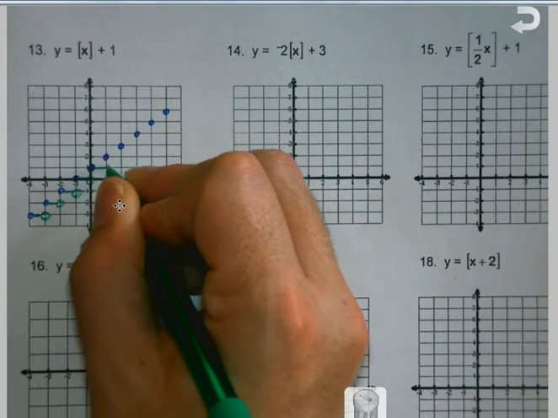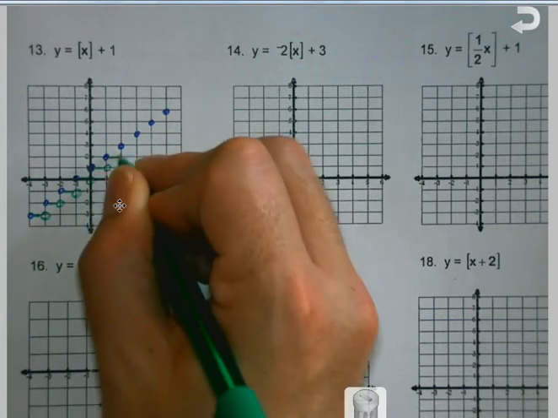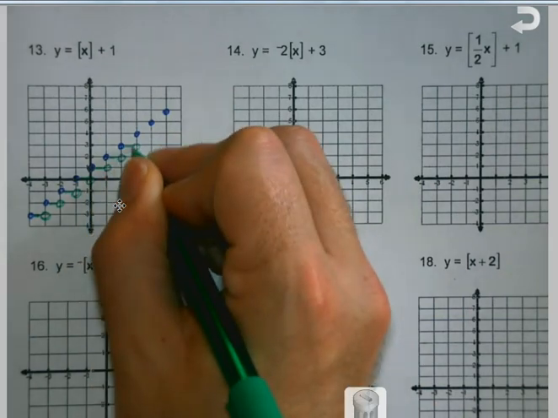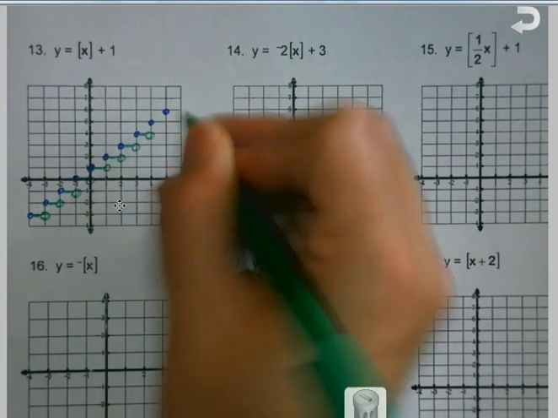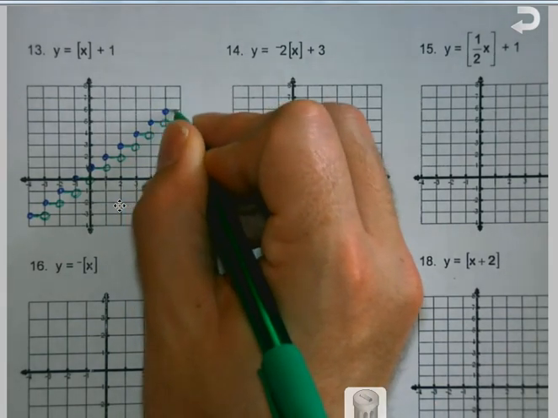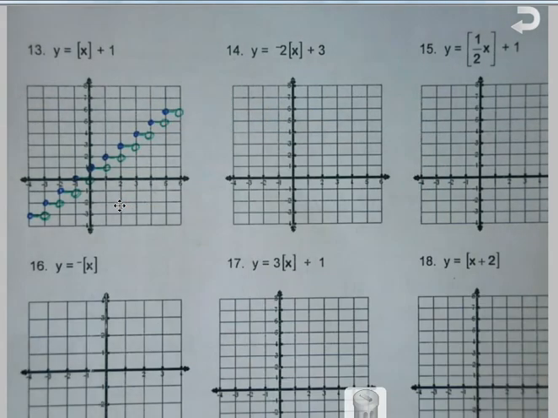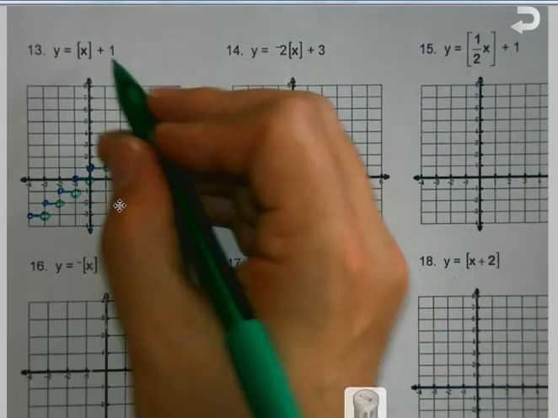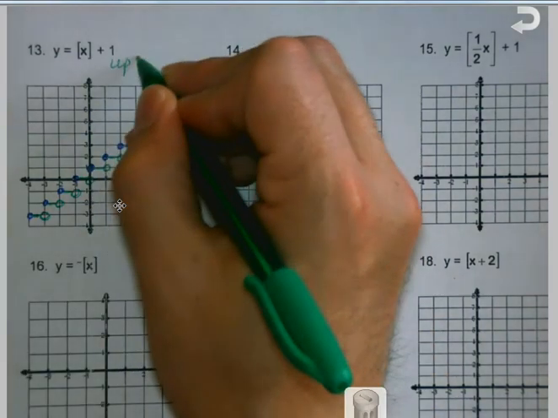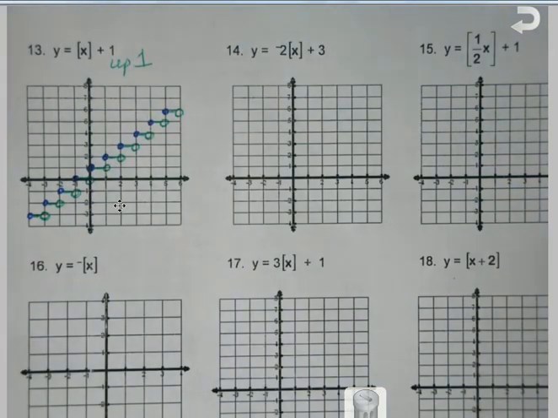We're always checking where the dot is going to be from where our base graph would be. So here, from our base graph, we basically just shifted everything up 1.